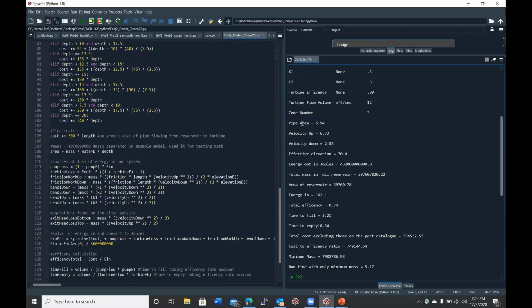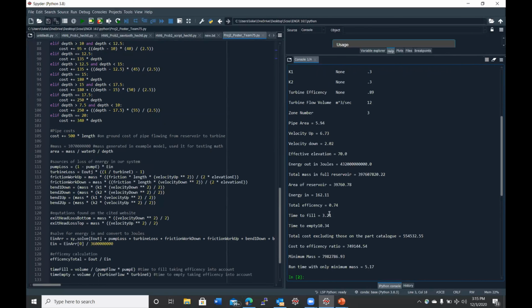So here's all our data. Our pipe area is 5.94. These are our velocities. And then, as you can see, with the minimum mass of 7.9 million, we get a runtime of 5 days.